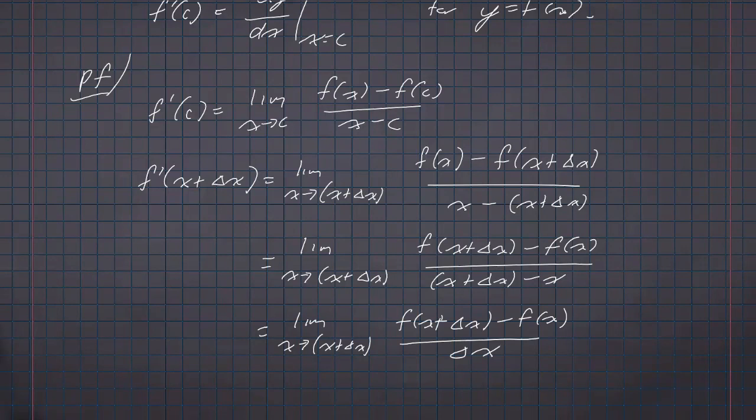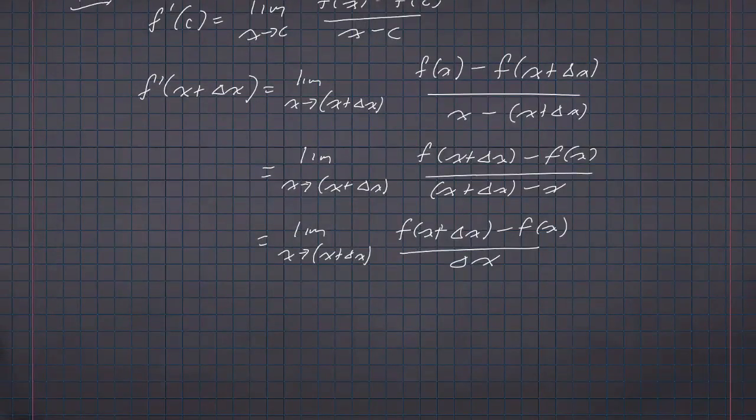Now the other issue is in that limit itself. As x goes to x plus delta x, right? Here I'm going to think about limits kind of in a daisy chain, limitception.